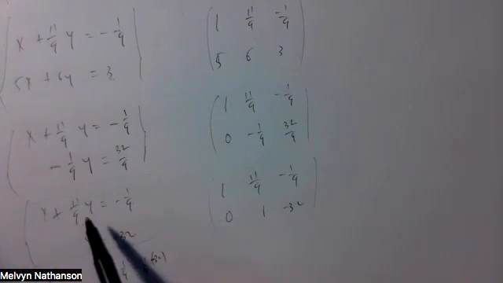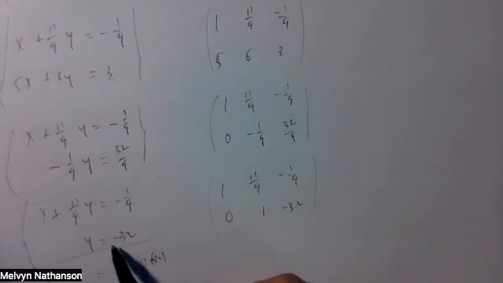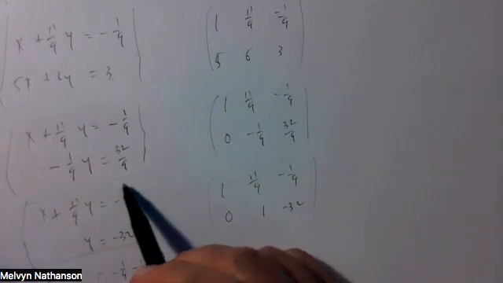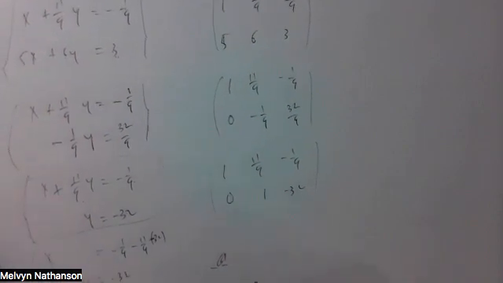So I have this system of equations. I want to get rid of the 11 over 9. So I take minus 11 over 9 times the second equation and add it to the first. So what I get over here is minus 1 over 9 minus 11 over 9 times minus 32. So that's 11 times 32 minus 1, over 9.